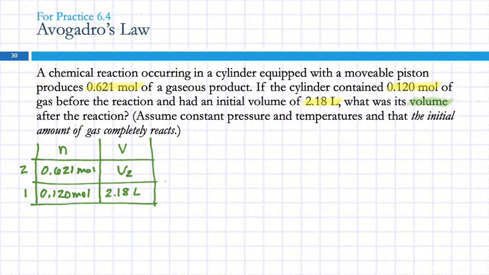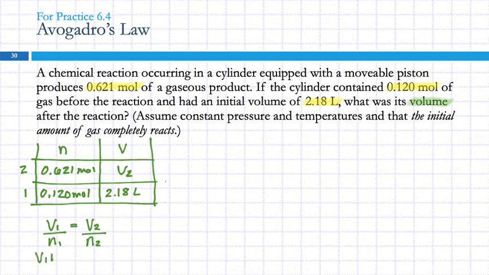So Avogadro's law: V1 over N1 is equal to V2 over N2. And I definitely do not expect you to remember the names of these laws, okay? This one also has fractions in it. Cross multiply, get rid of the fractions.